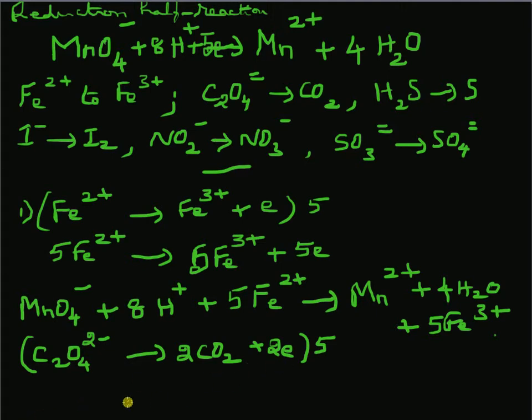So, totally there will be 10 electrons in both equations, and we can cancel out the 10 electrons.